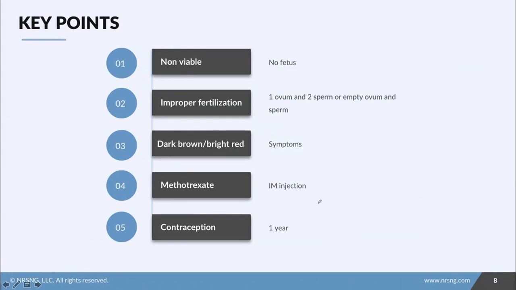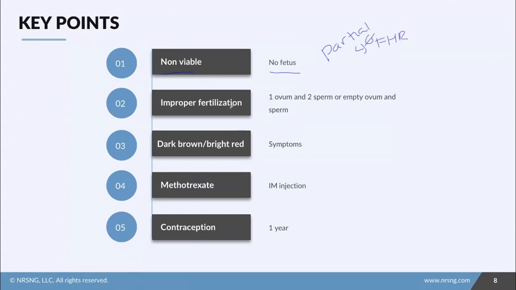All right, our key points. If you understand these, it'll just kind of help bring it all together. So a hydatidiform mole is non-viable, it's never viable, and there's never any fetus. Remember that it can be complete or incomplete, or partial. So with partial, you might have fragments or pieces of a fetus, but never any fetal heart rate.